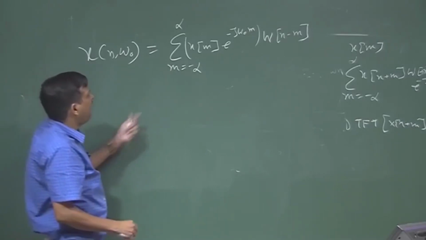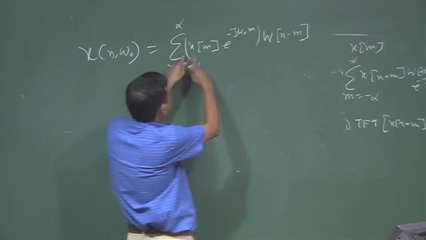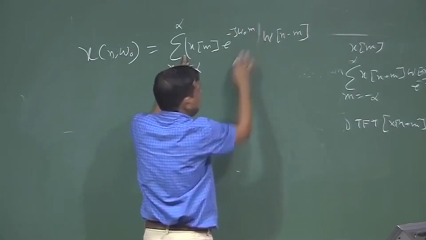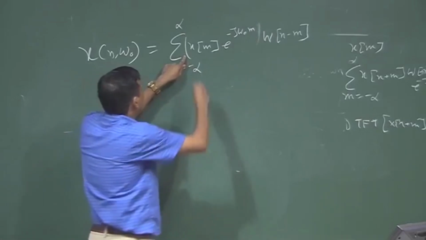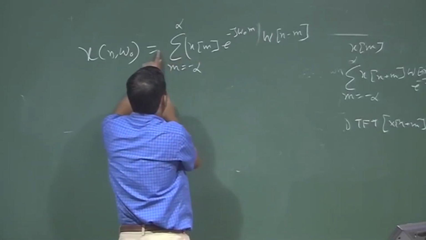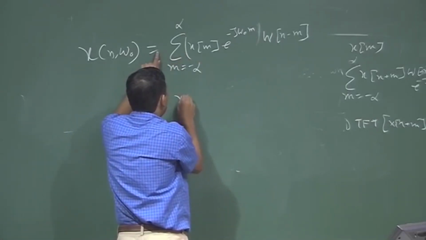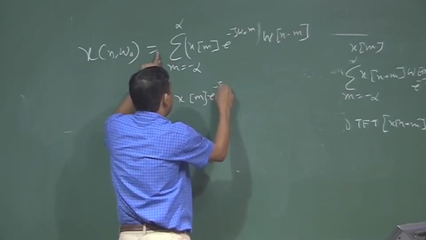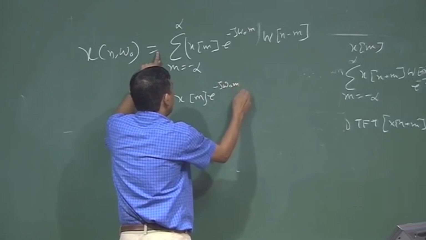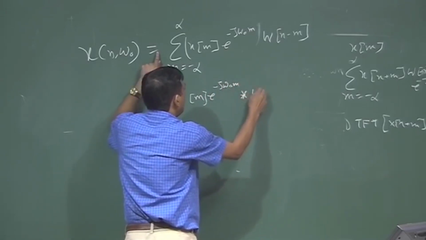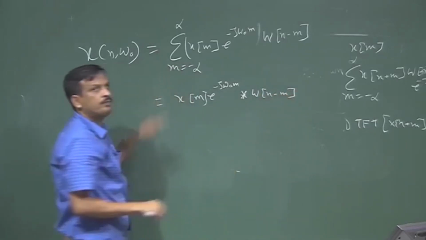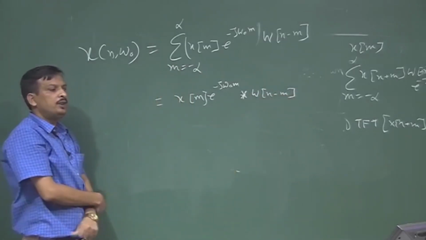Or I can say that if I remove this bracket, it is nothing but the convolution of x[m] e to the power minus j omega 0 m with my window function. Is it okay or not?